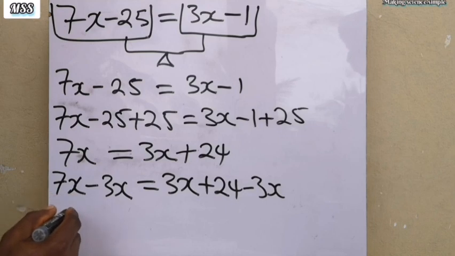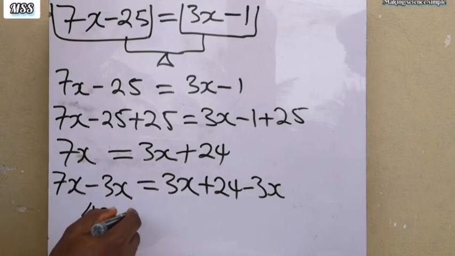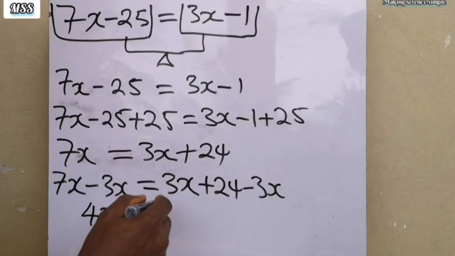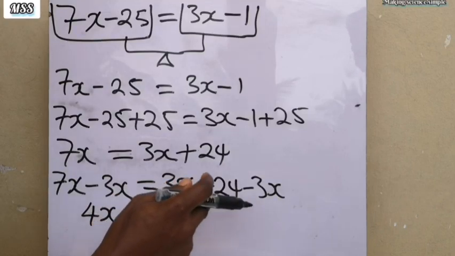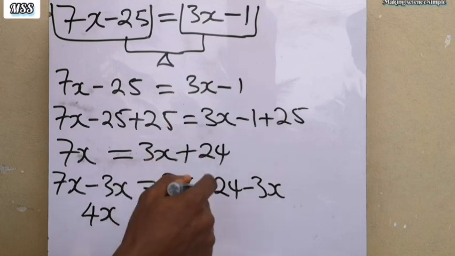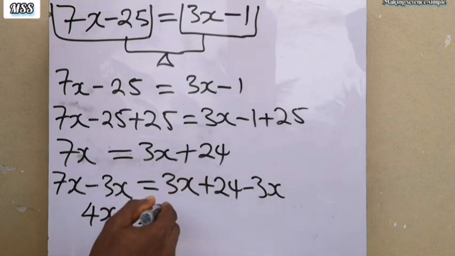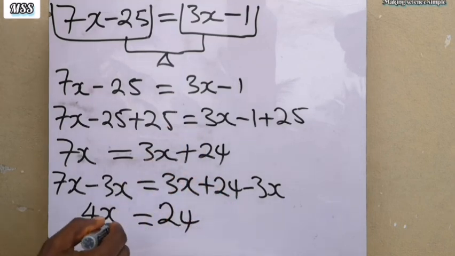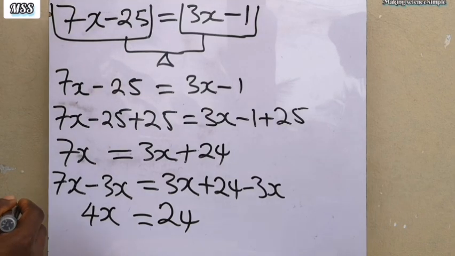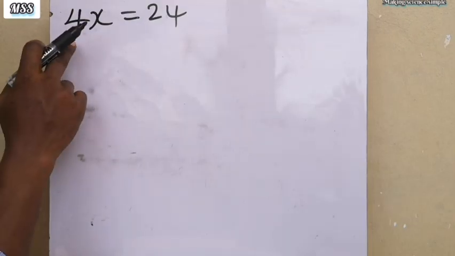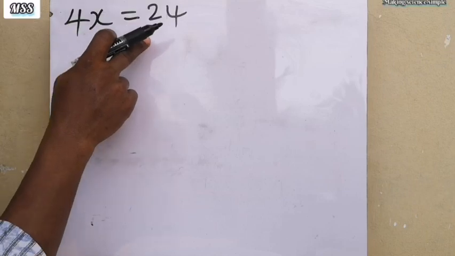Now 7x minus 3x will give us 4x equal to 3x minus 3x will go, leaving behind only 24. So we have 24 here. Okay, now we have 4x equal to 24.